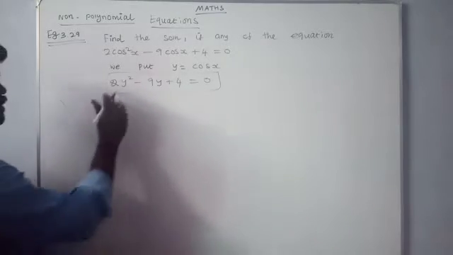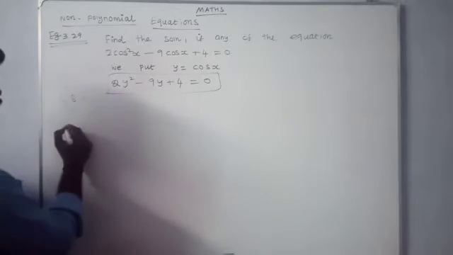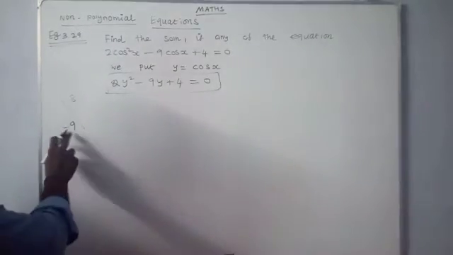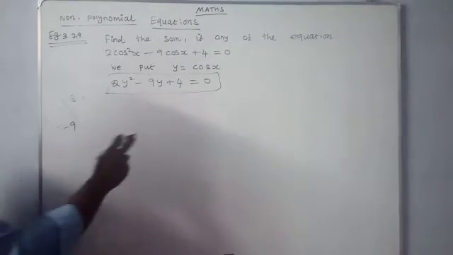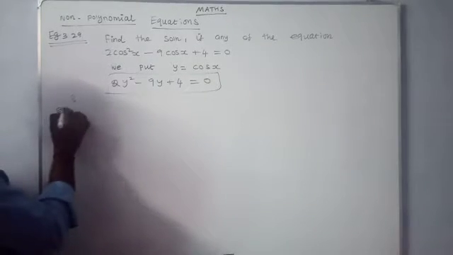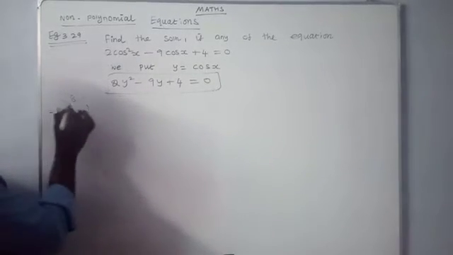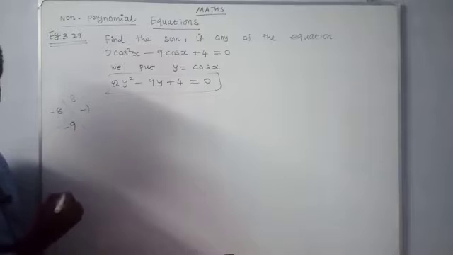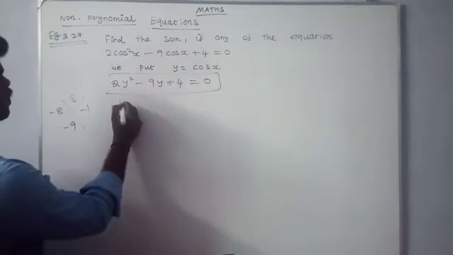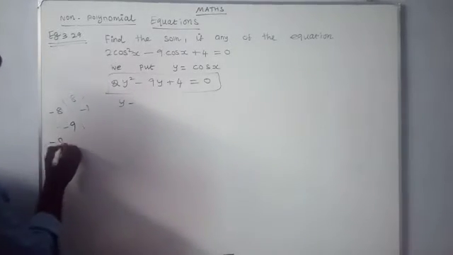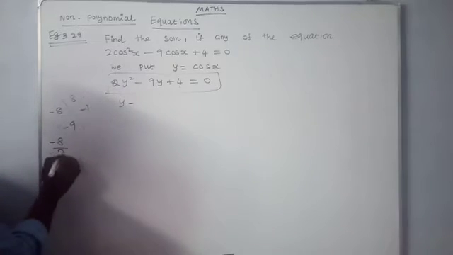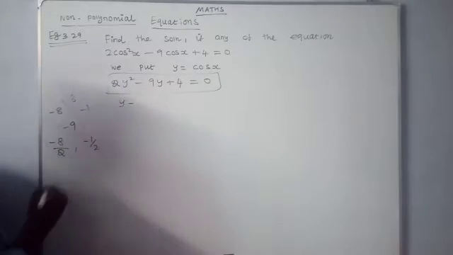We want to solve it. The product of these two terms is 8, and this one is minus 9. This is the sum of the roots, this is the product of the roots. Already you know that. So what are the values? 8 and 1, minus 8, minus 1. Here y, that means minus 8 divided by 2, comma minus 1 by 2.